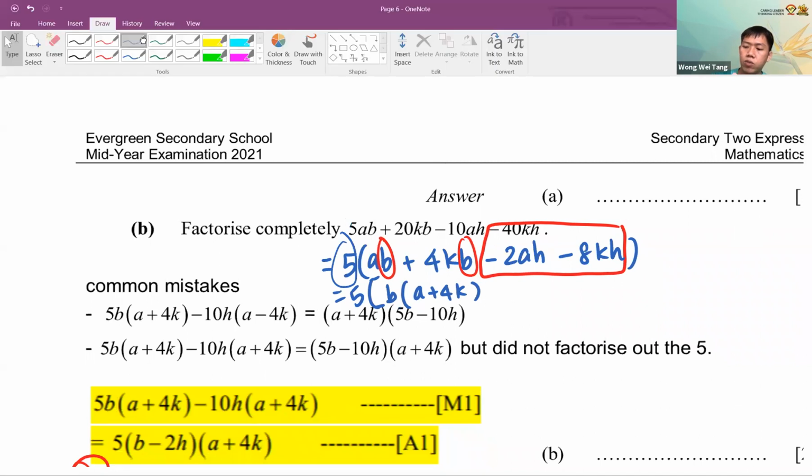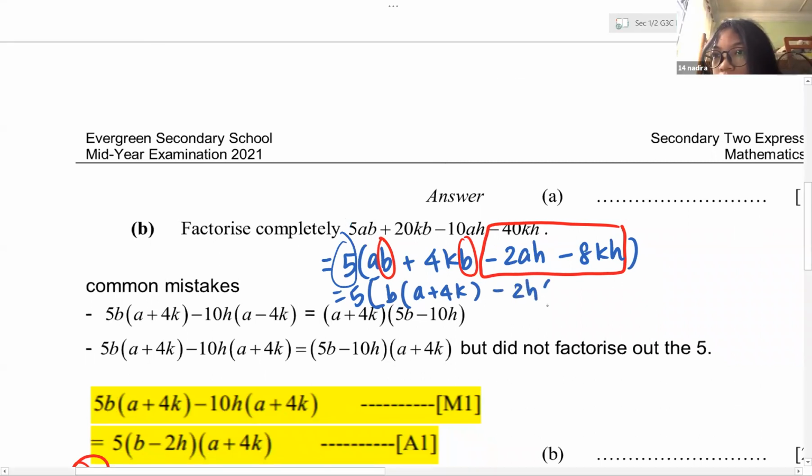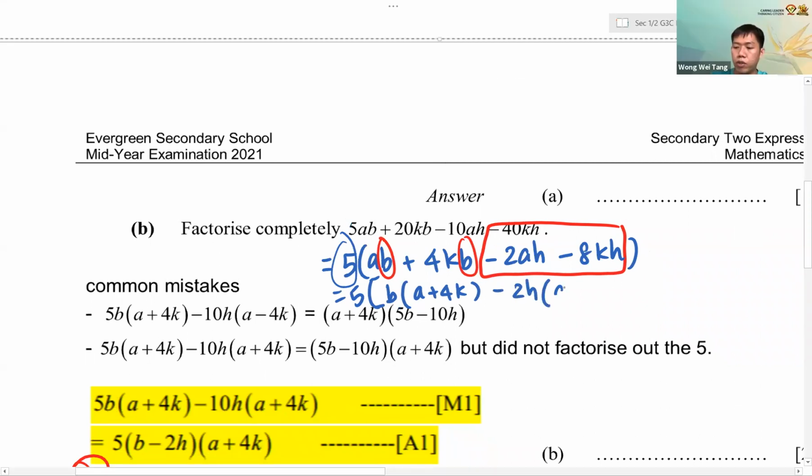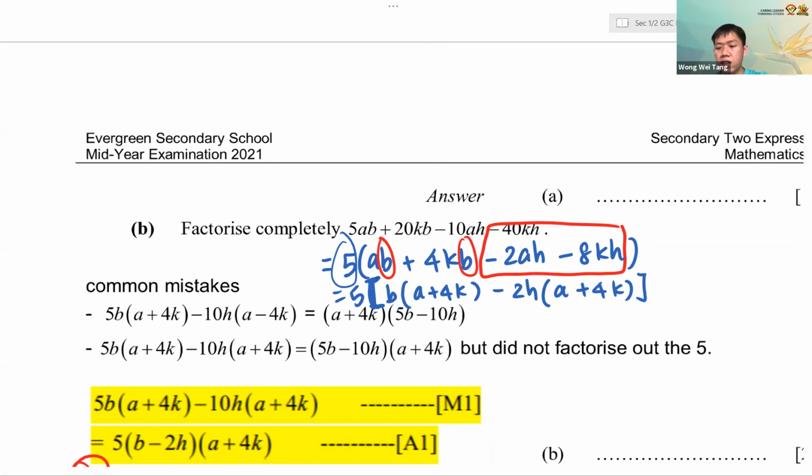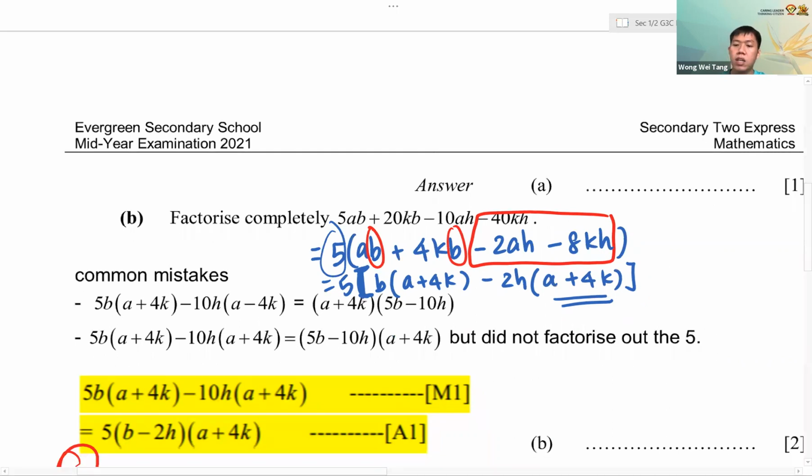If I factorize out negative 2h, then for my first term I'll be left with a, second term I'll be left with plus 4k. This happens because Nadira chose to factorize out negative 2h. You could have factorized out positive 2h, but then inside your bracket you end up with negative a minus 4k, and you need to switch the sign. Nadira managed to realize that first, so she factorized out negative 2h straight away.